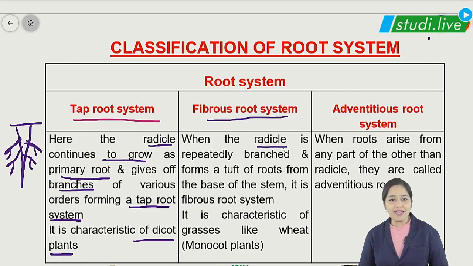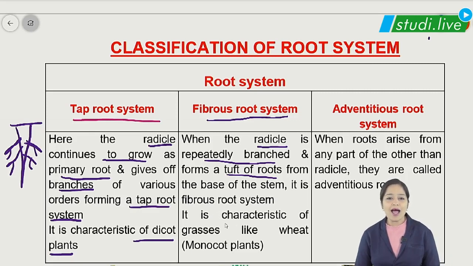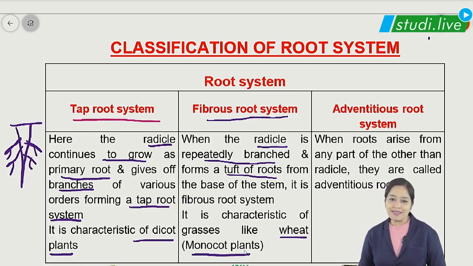When the radicle is repeatedly branched and forms a tuft of roots from the base of the stem, it is known as the fibrous root system, and this is the characteristic feature of monocots like wheat, jowar, maize, barley, which are nothing but the cereals.